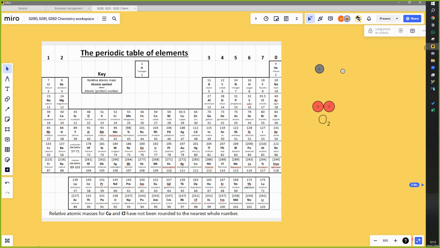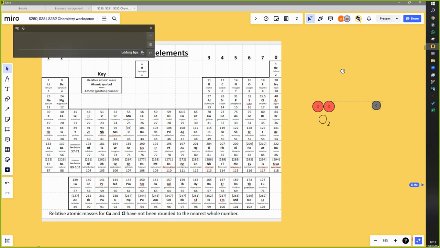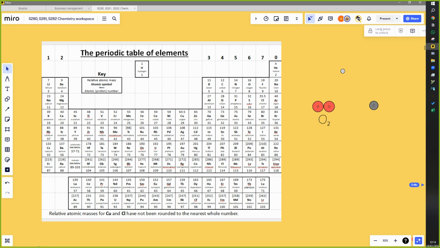Let's have a look at another one then. We could take this carbon atom, and if we just have it on its own, we would say the symbol for that is just C, carbon. So you could just have a single carbon atom. That's possible.